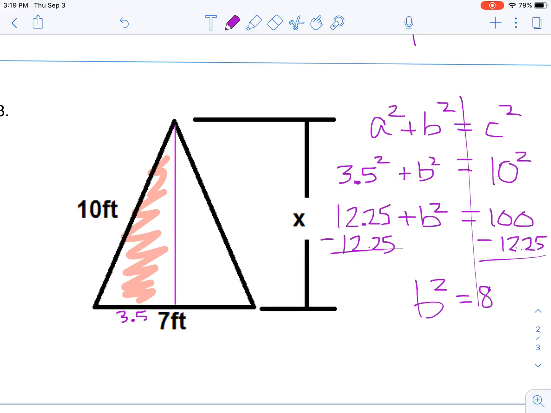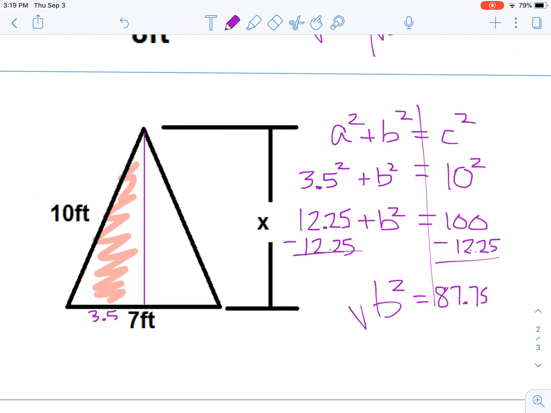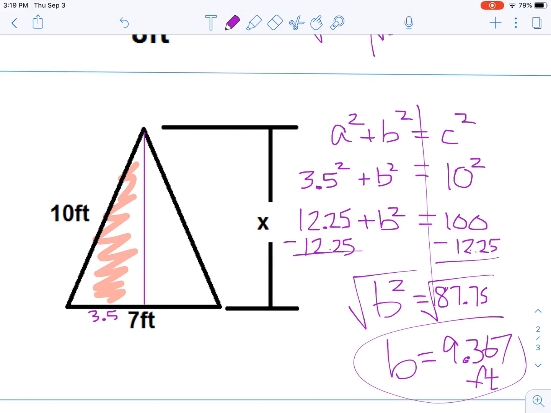I get 87.75. And the last thing that you always do is take the square root. And I get 9.367, and this would be feet as my answer.